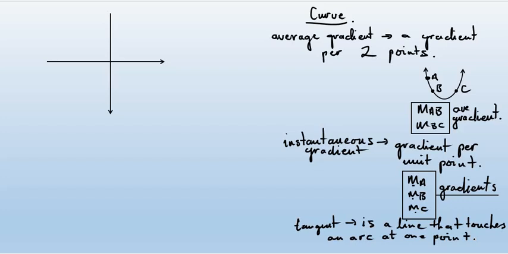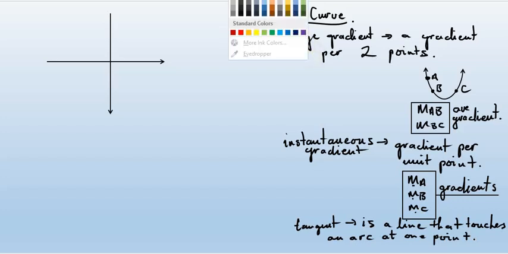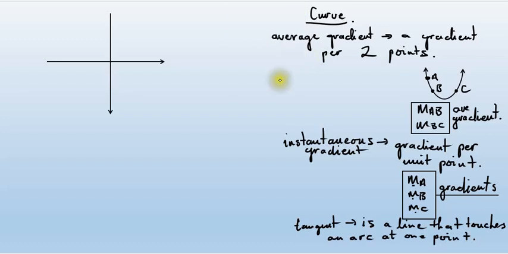Now, the formula that can be used for average gradient is m, the well-known one. M is equal to y1 minus y2 divided by x1 minus x2. Notice when I did my example before, I had y2 minus y1. So long as you have everything consistent on each side, you shouldn't worry. I get most people asking on this one.